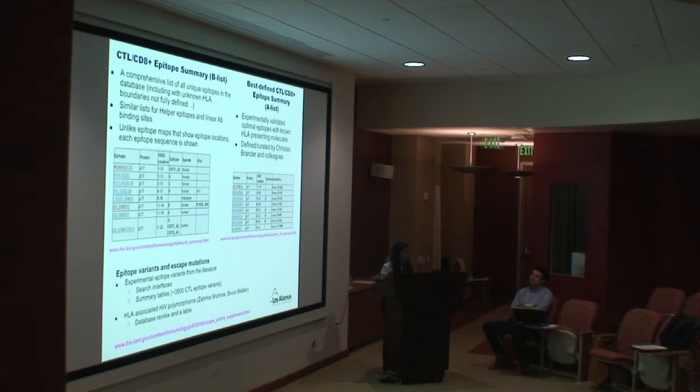This is another way that we have of showing the different epitopes that have been curated and annotated into the database, and it's the tabular format. For CTL epitopes, there are two tables. One table is just a list of every single epitope that we have annotated that is a CTL epitope for HIV in the database.